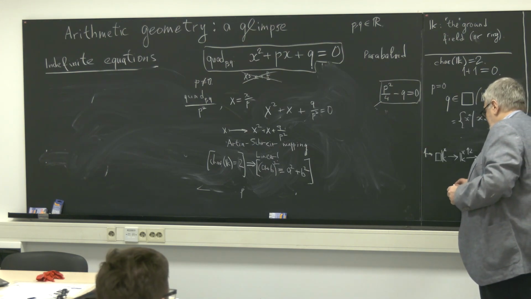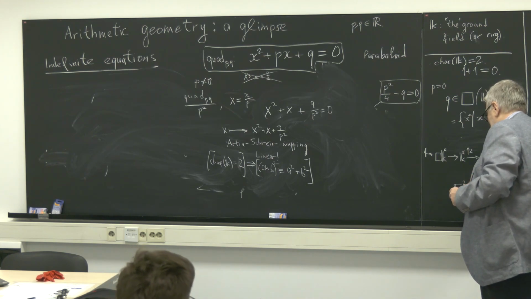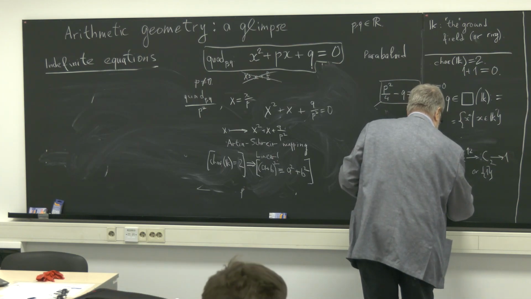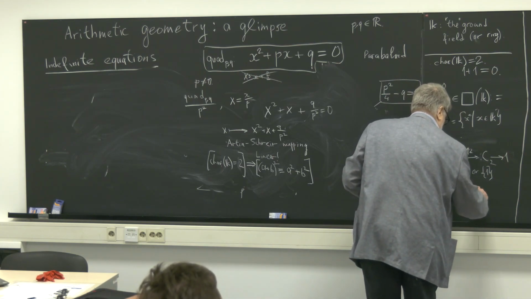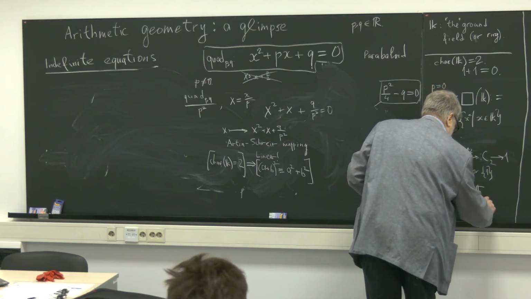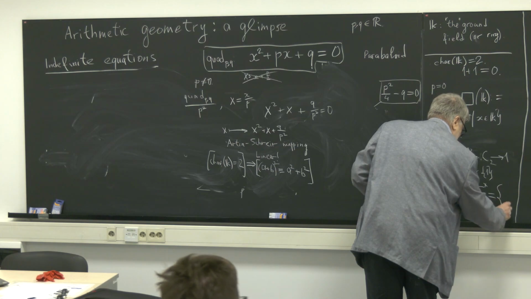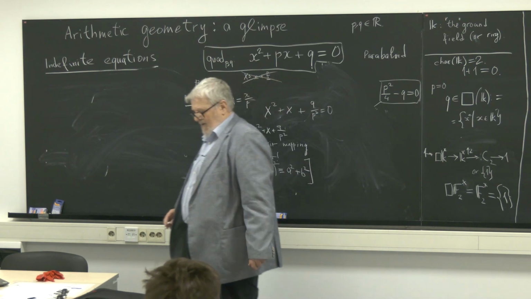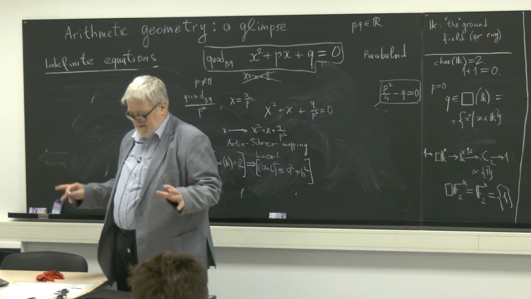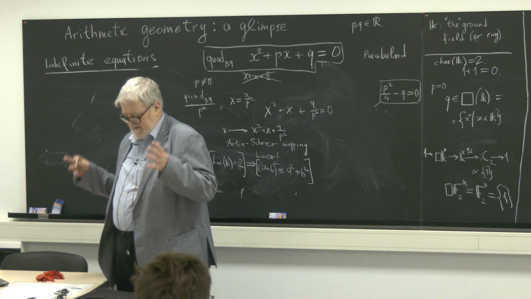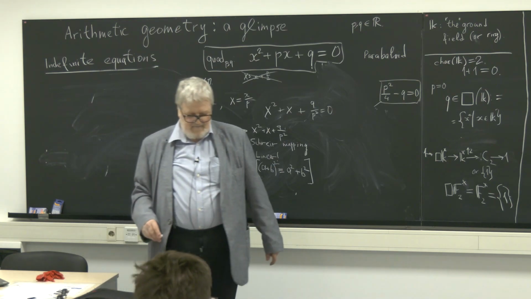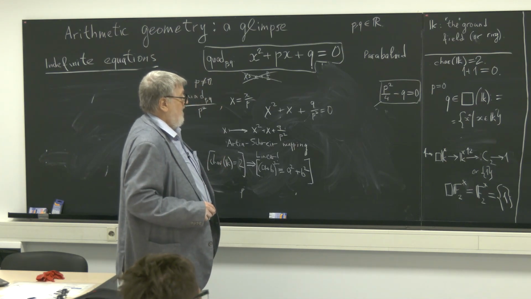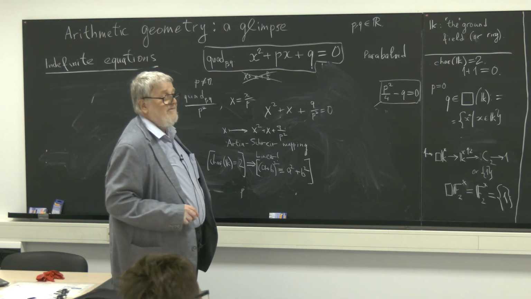Of course, the set of squares is just a one element group, so this group has no halves. Well, and in all the other cases, just half of the multiplicative group is a square. Thank you very much for being so attentive.